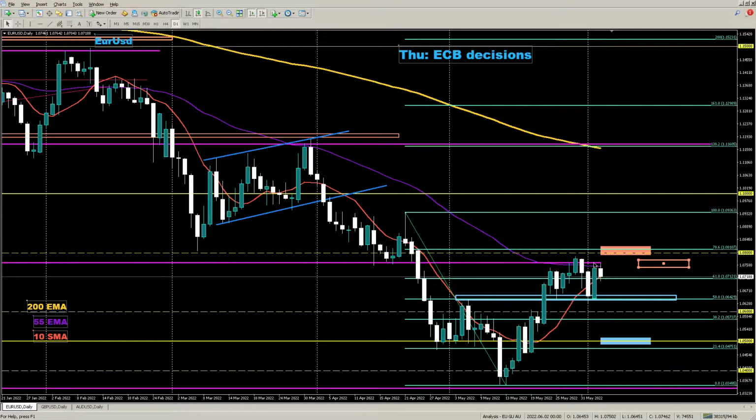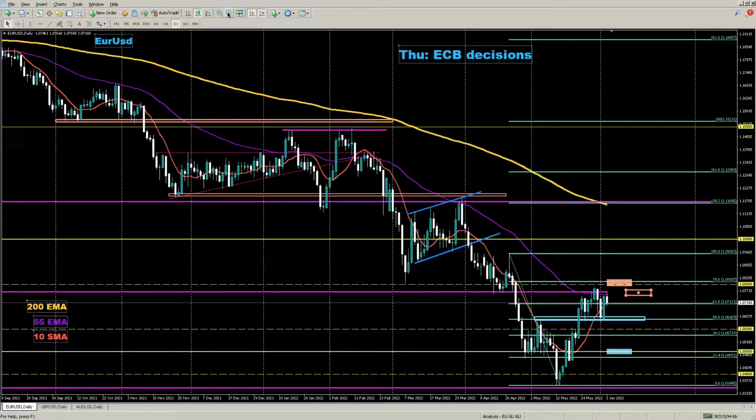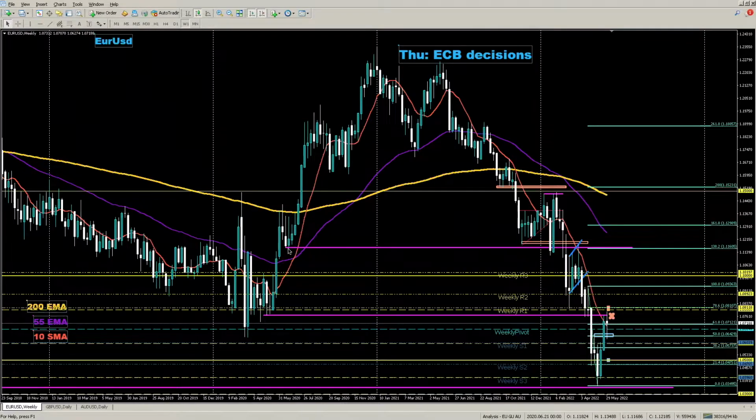So that has hit this resistance zone right at the daily 55 EMA, along with this previous swing low area. Yes, all the way back from 2 years ago.